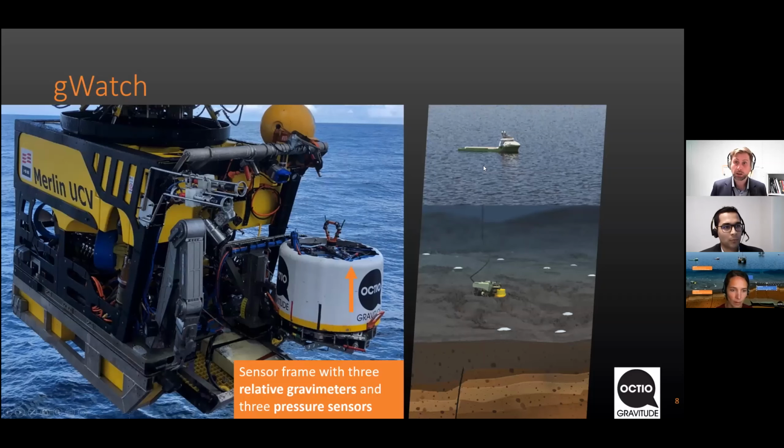Then we go out with a vessel with this work-class ROV, and the ROV carries the sensor frame around to different predefined areas on the seabed, where we do measurements on these white things here, which we call concrete platforms.